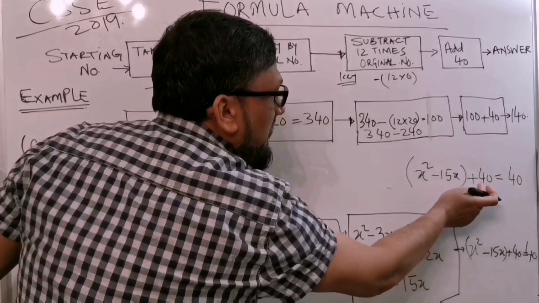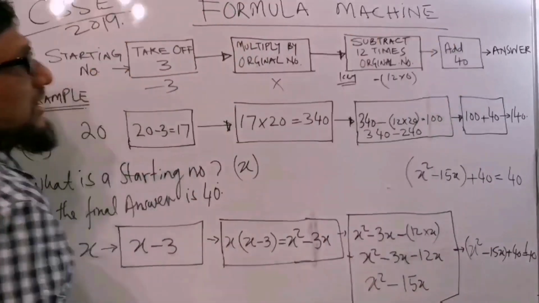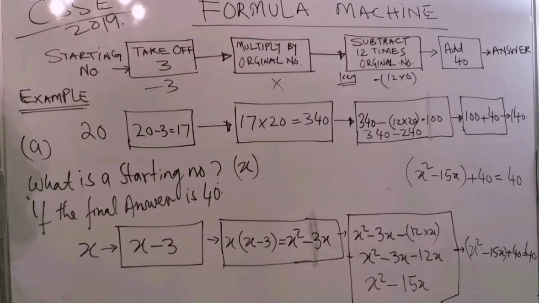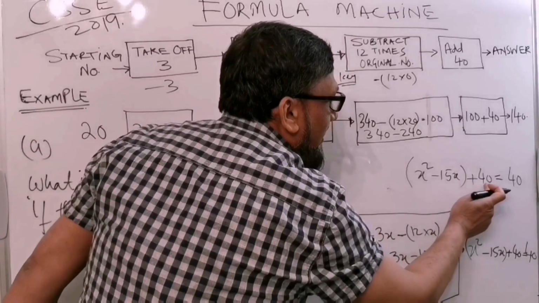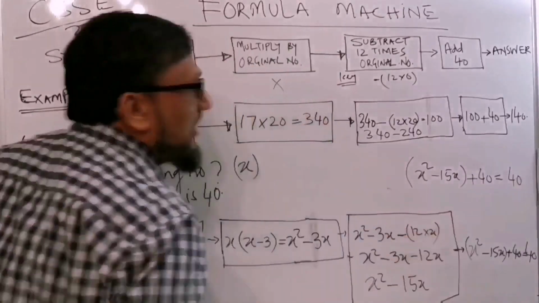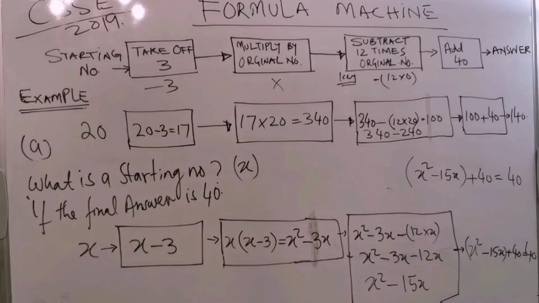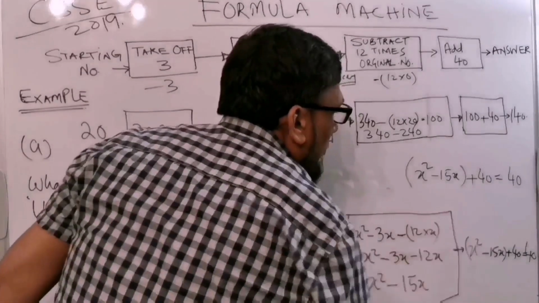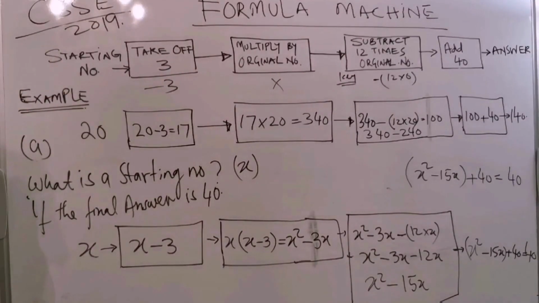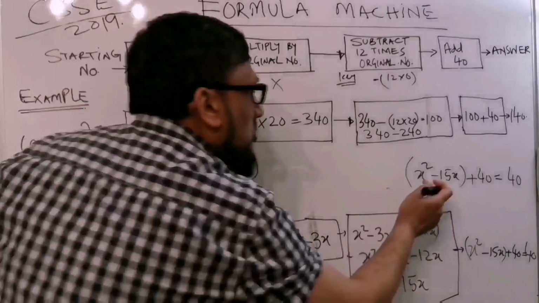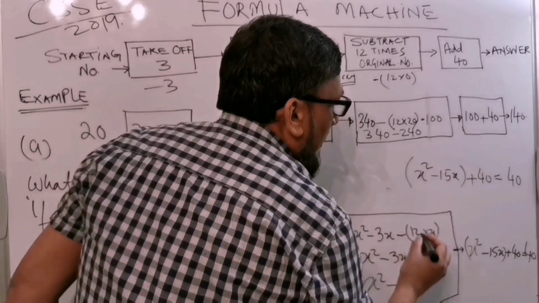The 40 on the left comes from the last stage, where you add 40 to get the final answer 40. So this is the equation we get so far.